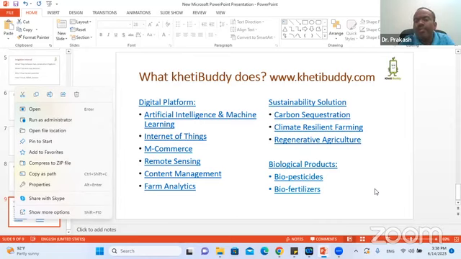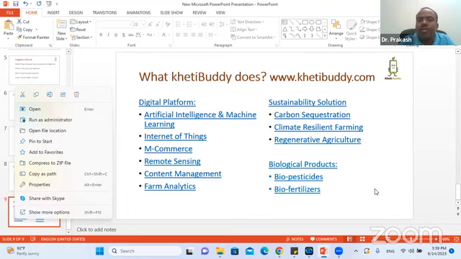Then climate resilient farming, in association with the Maharashtra government. There is the Pokhara project, a project on climate resilience in agriculture, in the Marathwada area. We are the digital partner of that Pokhara project, which is a World Bank funded project. So we can promote climate resilient farming through our platform.